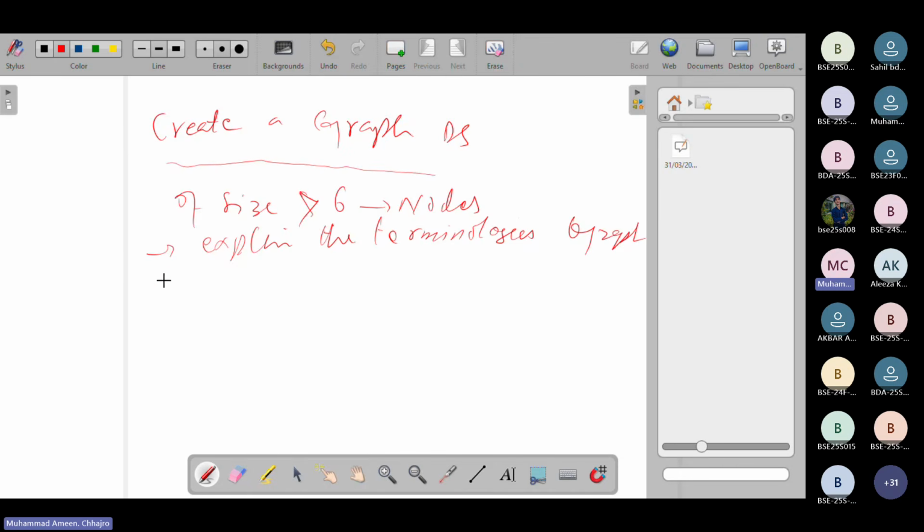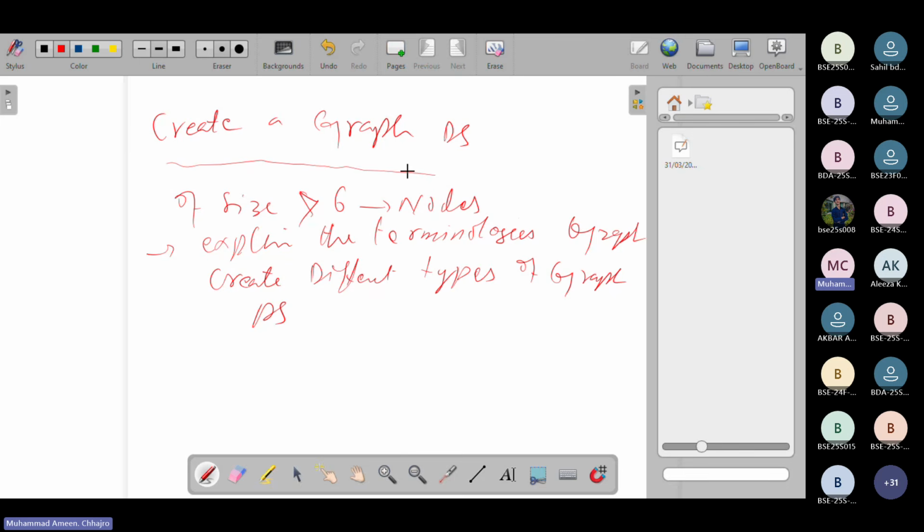Different terminologies को explain करें in the designed graph data structure, and write or even create different types of graph data structure. So the example is very simple from the previous concept.